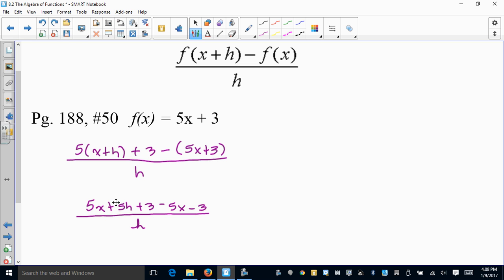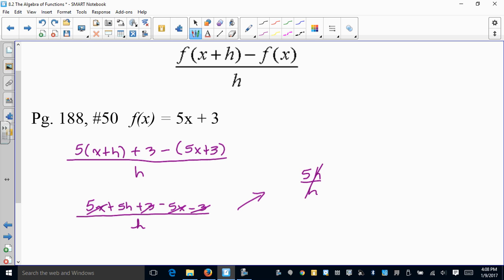This is how you're going to know if you've made a mistake: if you still have something sitting there that doesn't have an h on it, you already know you made a mistake. Go back and look at it. So I have a positive 5x, negative 5x, positive 3, negative 3. And all I'm left with is 5h over h, but my h's will cancel out, so I'm left with 5.